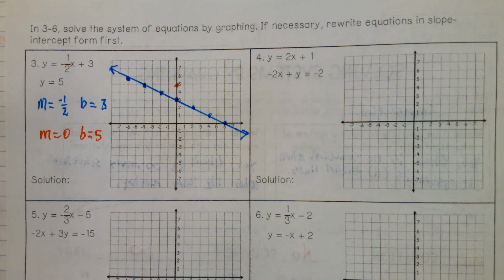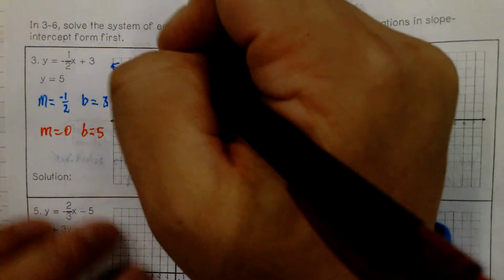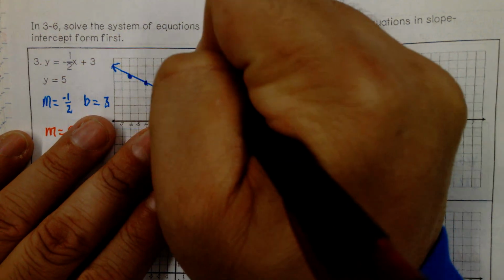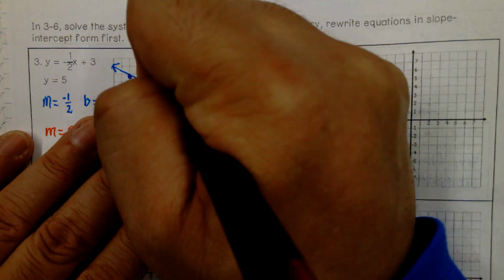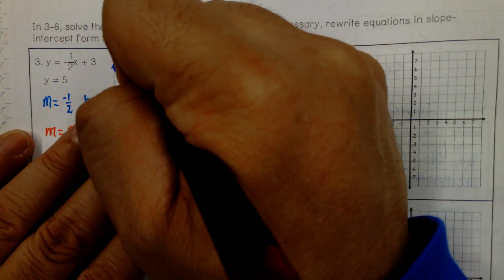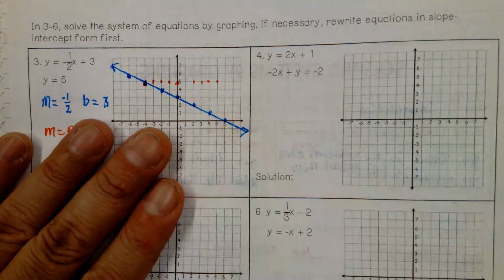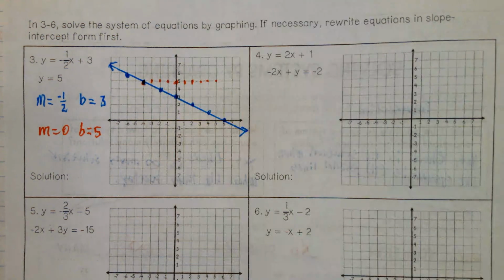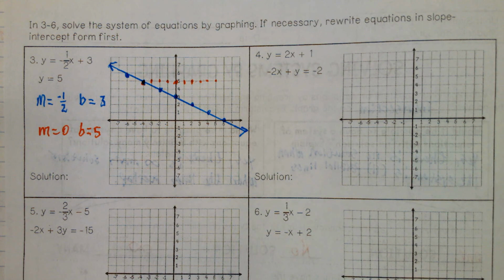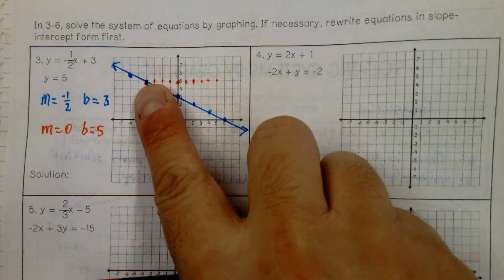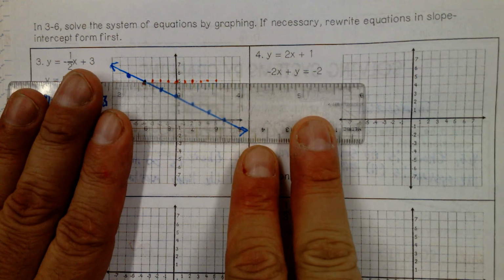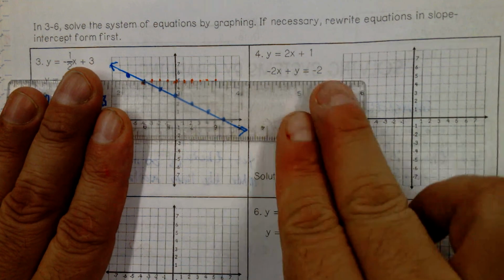Actually, everywhere along that 5, make points. Obviously, I see where it's going to cross now, though. It's going to cross right here. It's a horizontal line, so it's perfectly horizontal. I made a bunch of points, but the point that it's going to intersect at is right there. So whenever you have y equals a number, it's just going to be a perfectly horizontal line.